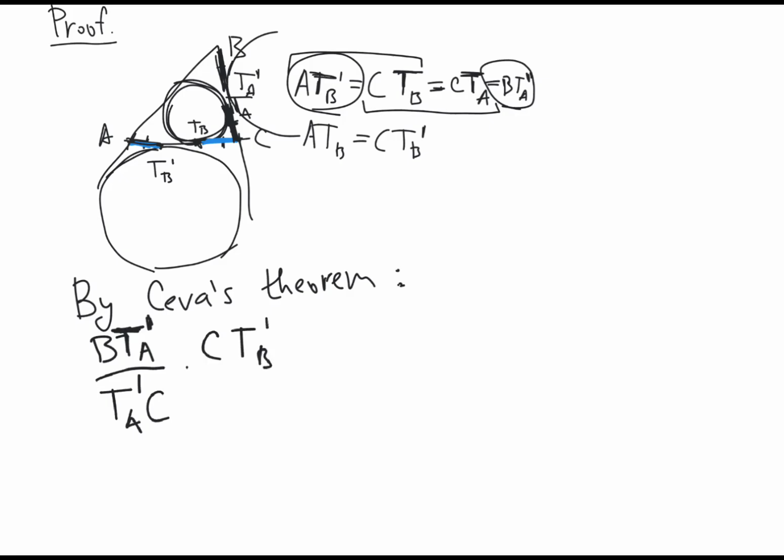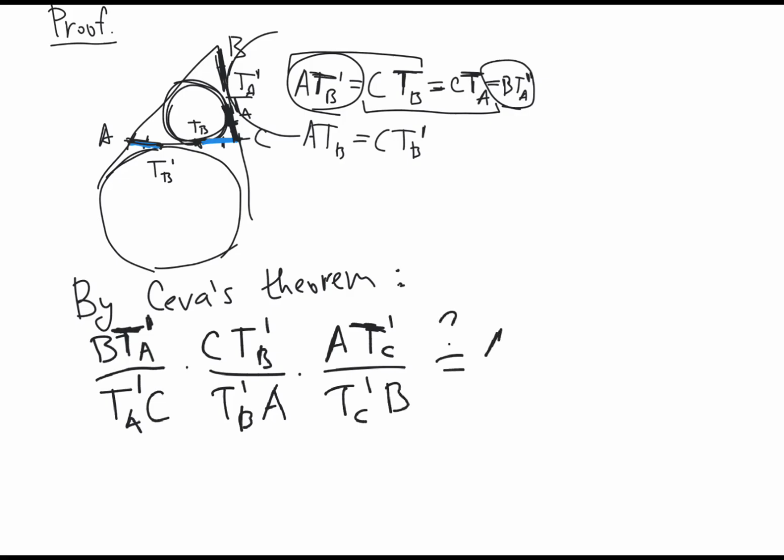If we prove that this is equal to 1, then these three lines intersect at a single point.